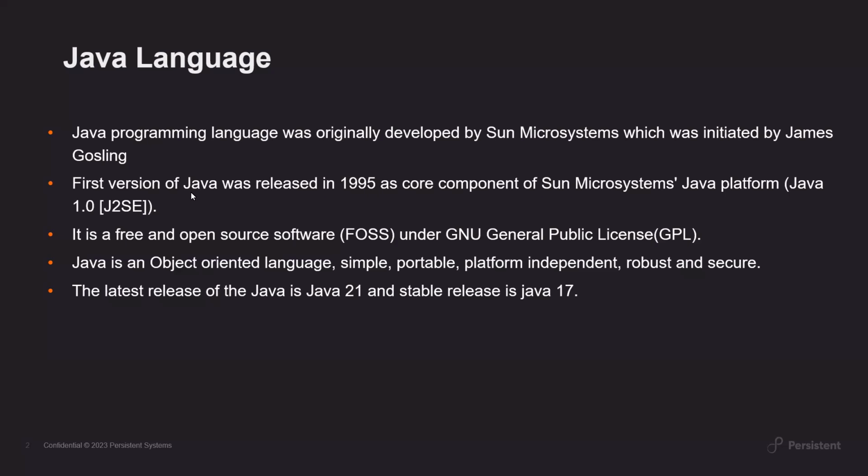The latest release of Java is Java 21, and the latest stable release is Java 17. In the present market, I think most applications use Java 8 because it has the most features and it's the most stable release. But later releases like Java 9, 11, and 17 also have some notable improvements.